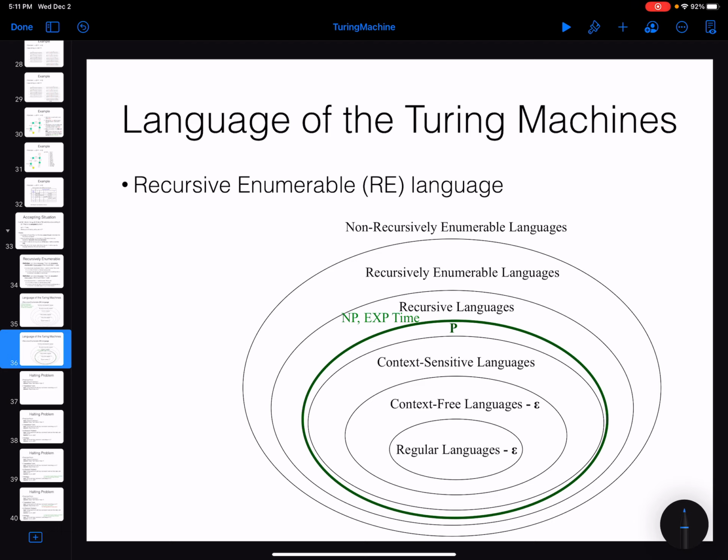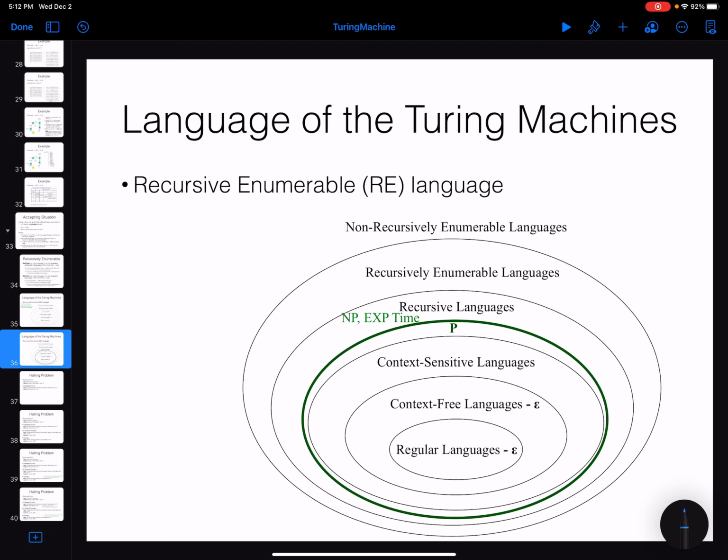In the theory of computation, we are talking about a more general concept. We are talking about the whole hierarchy here: the problems which are decidable, and the different sets of regular languages, context-free languages, and context-sensitive languages.